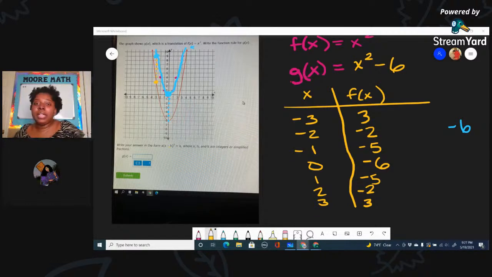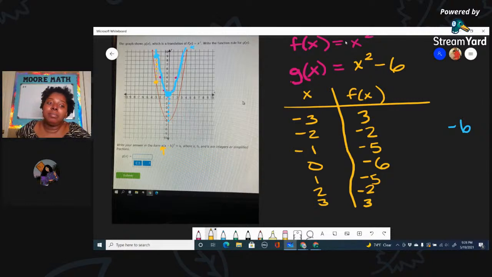Yeah, and if we had a 2x here, if it was 2x squared, then I would say A would equal 2, okay? But because we didn't have a 2 here, A is just 1, so we don't need anything right here for that A. So when they say write in this form, there's nothing here for A. It's just a 1.